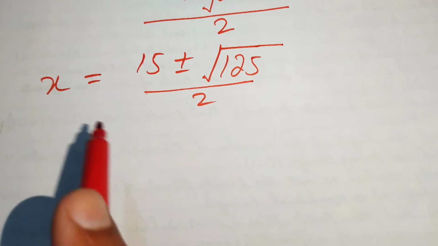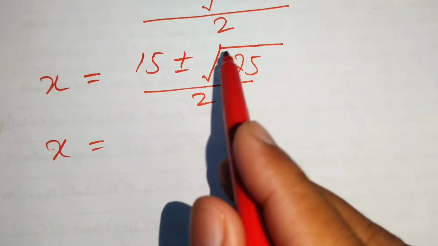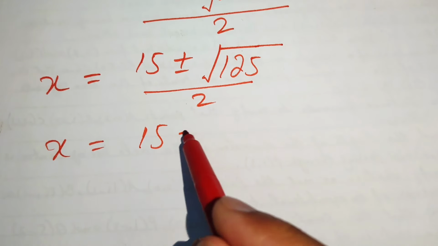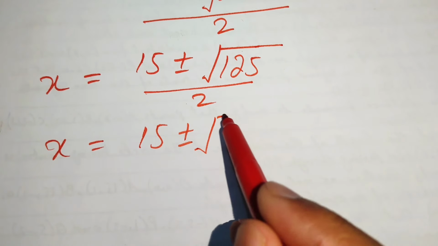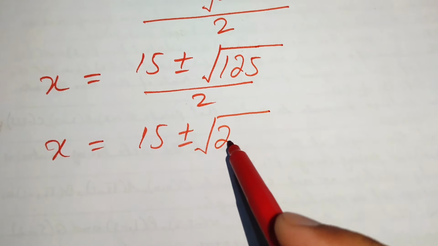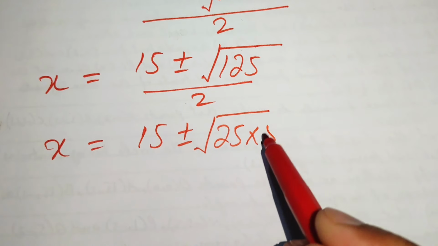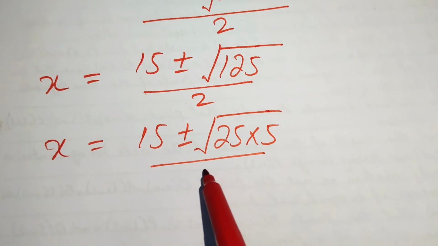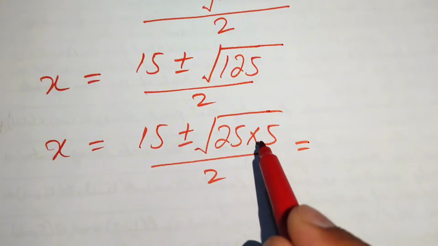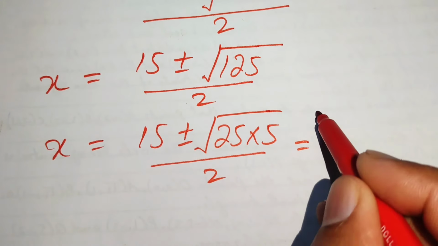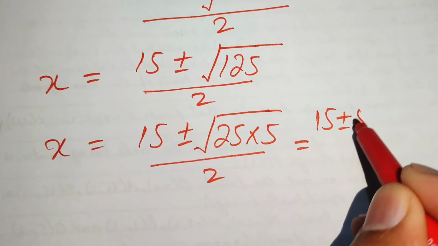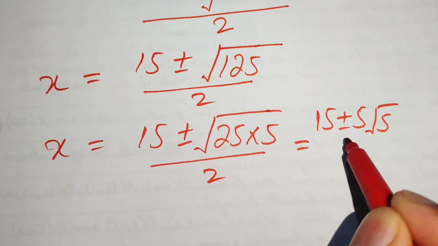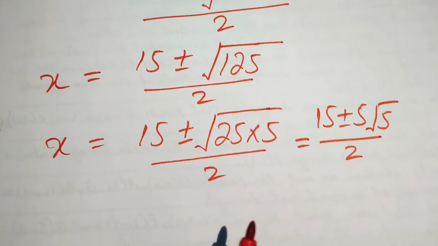Here we need more simplification, and we focus on this radical term. It is written as 15 plus or minus the square root of 125, and we write 125 as 25 times 5, divided by 2. Here we know that the square root of 25 is 5, so we get 5 times the square root of 5, divided by 2.